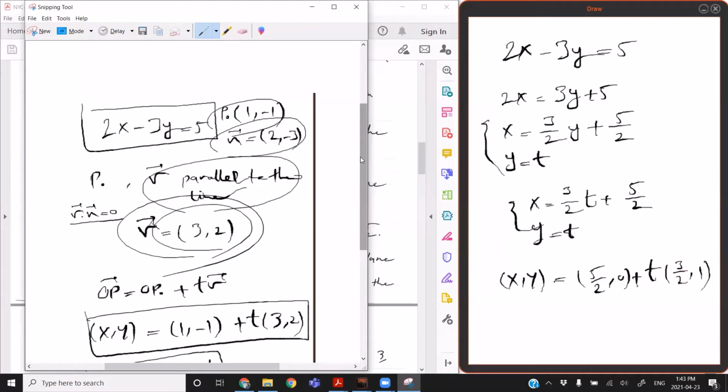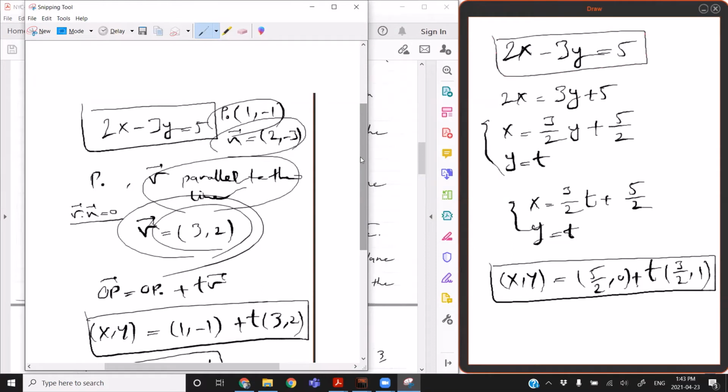So now if you go back, x is supposed to be 3 over 2t plus 5 over 2, it is. And y is supposed to be t, so it's 0 plus 1 times t. That's the same thing. So this is the vector equation for the given line. And this here is the set of parametric equations for the same line.